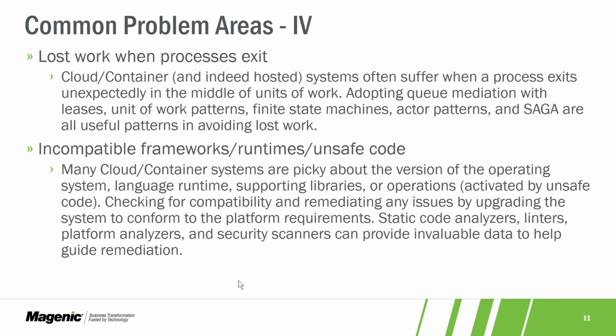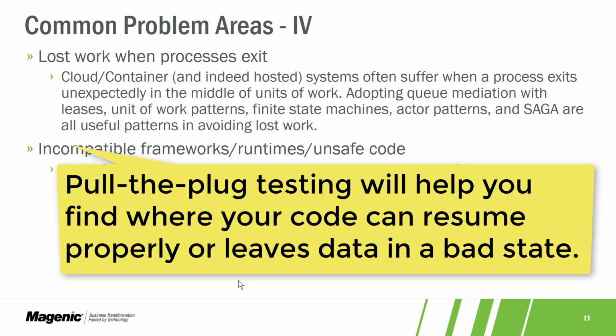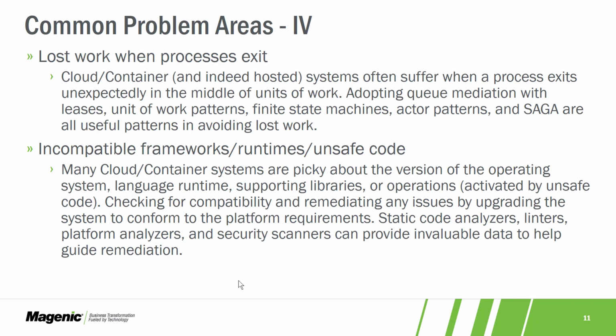Lost work when processes exit. We talked about this a lot. One of the things that you should do when migrating to the cloud is do a load and stress test, but also do testing where you just kill random containers or random instances and see what happens in an environment where the test framework is going to record if those operations fail.